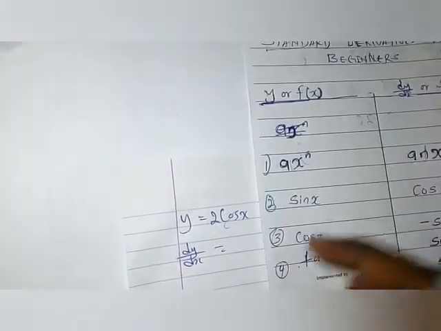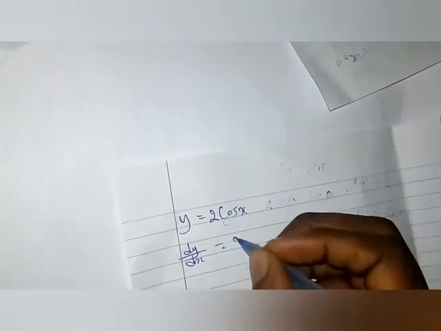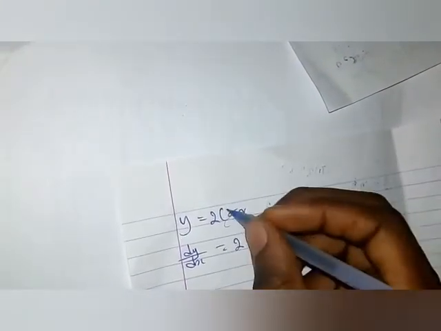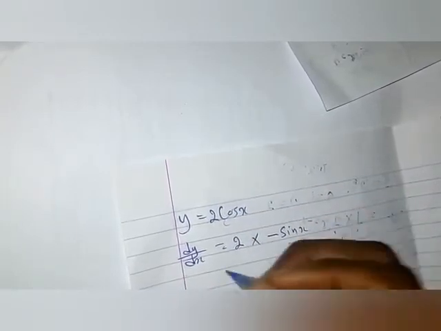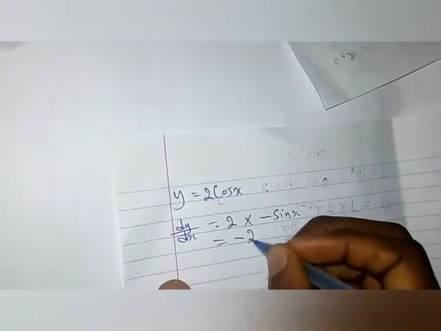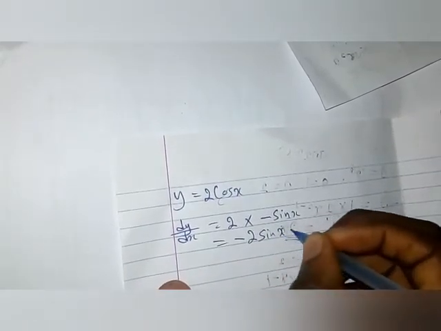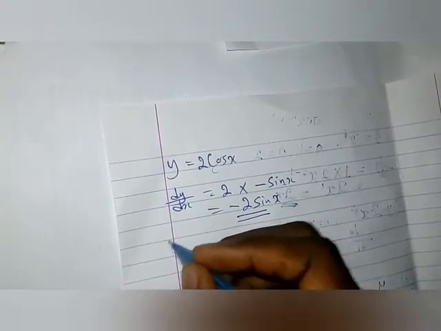Since you know from your standard derivatives that the derivative of cos is minus sine, just bring out your constant 2, then multiply by the differentiation of this one, which is minus sine x. Multiply it together, we have minus 2 sine x. That's it.